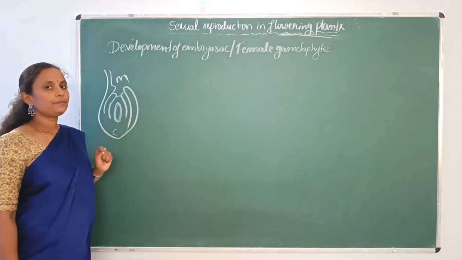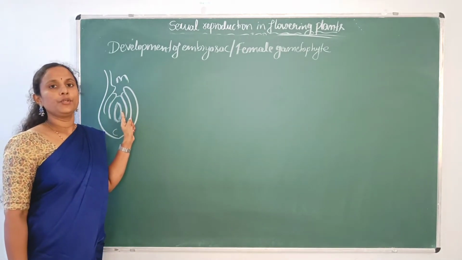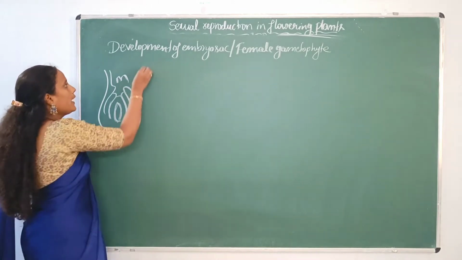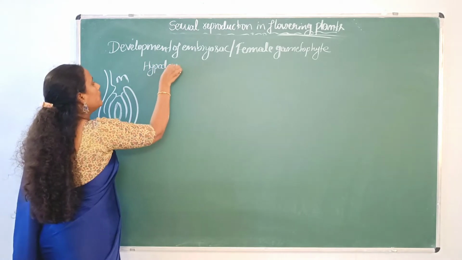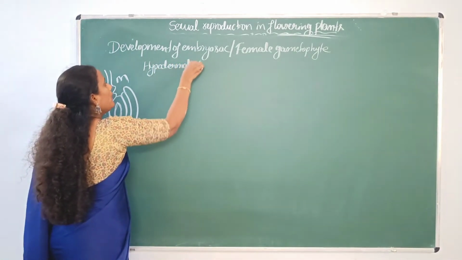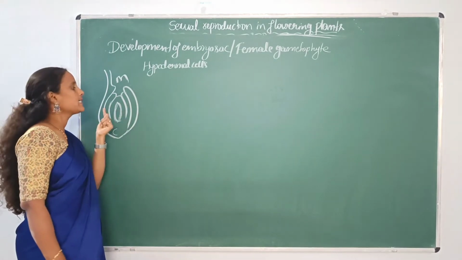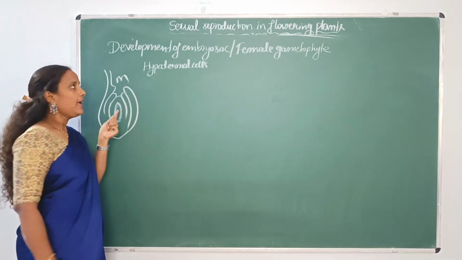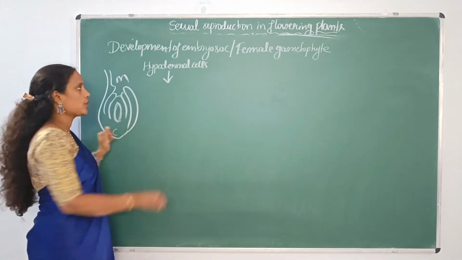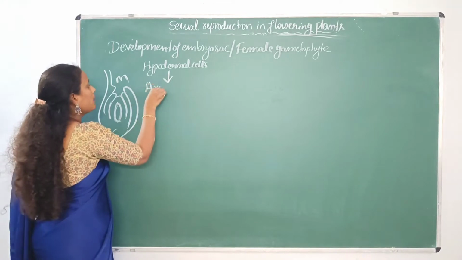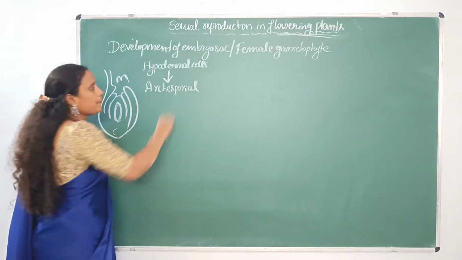Before going to this, in a very young ovule there are hypodermal cells, which are actively dividing, or meristematic, inside the integuments. These hypodermal cells differentiate into a special type of cells called archisporial cells.